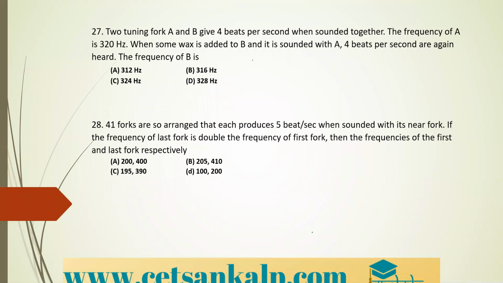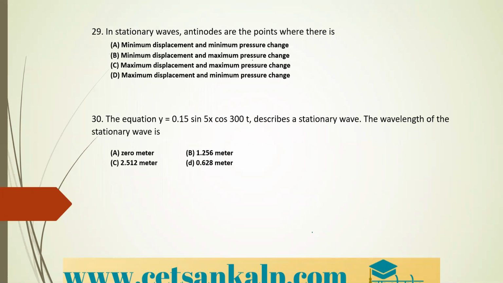Okay, next question. In stationary waves, antinodes are the points where there is. As we know, there are two things we take, one is node and the other one is antinode, and we know what is node and what is antinode. Based on that, you can write the answer here. Option A, minimum displacement and minimum pressure change. Option B, minimum displacement and maximum pressure change.